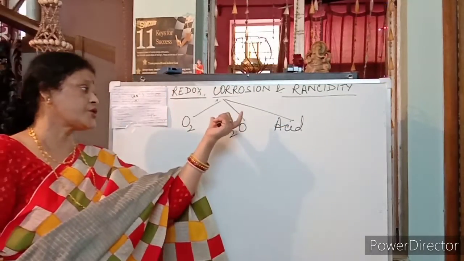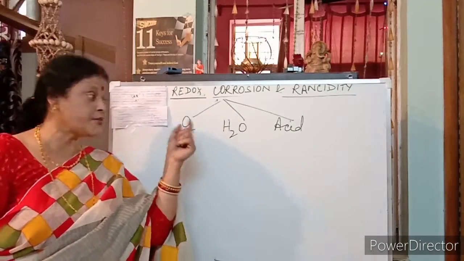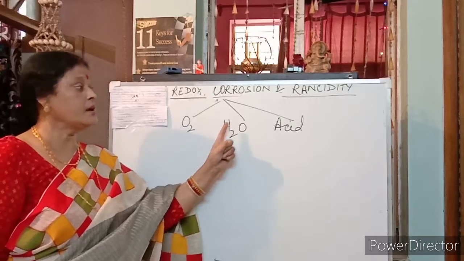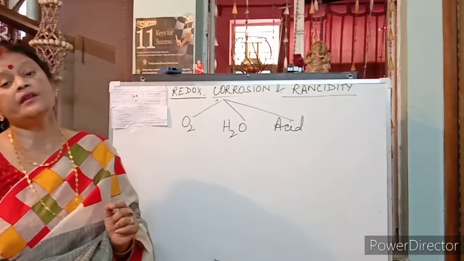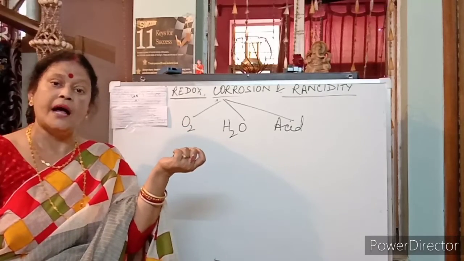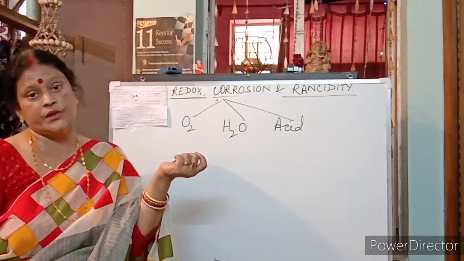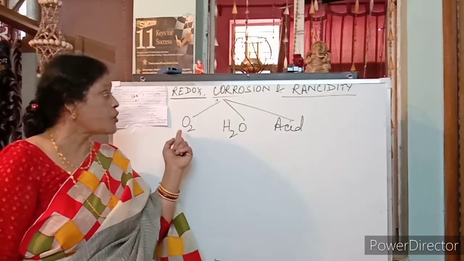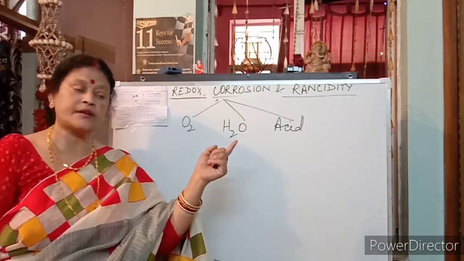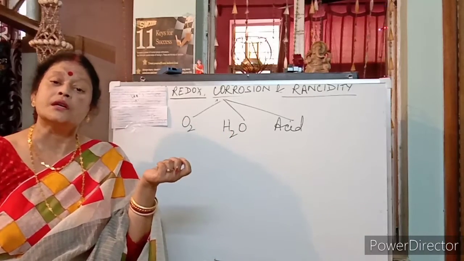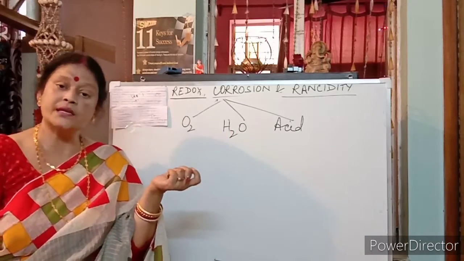If the metal is attacked by oxygen from the air, moisture from the air, or any acid, the originality of the metal changes, and the product which is formed is of no use. So for that we have to prevent it. So what is corrosion? When the metal is attacked by oxygen, water, or any acid, it becomes corroded, and this is known as corrosion.